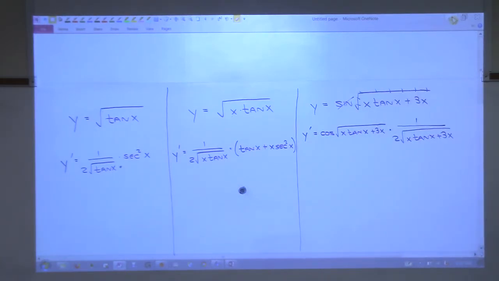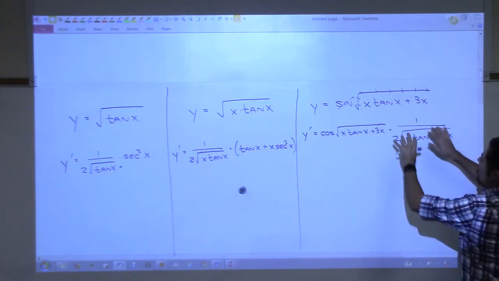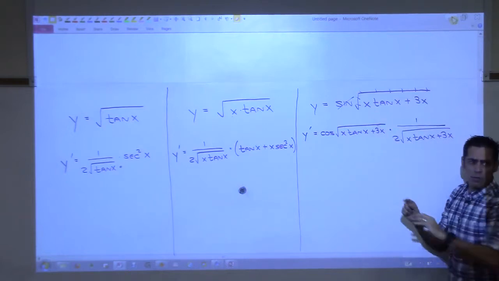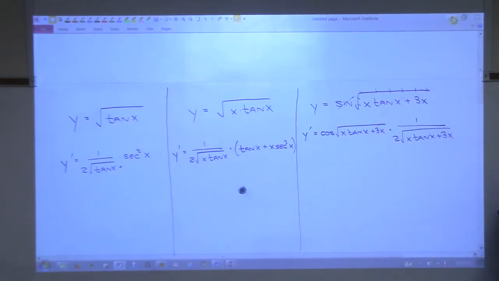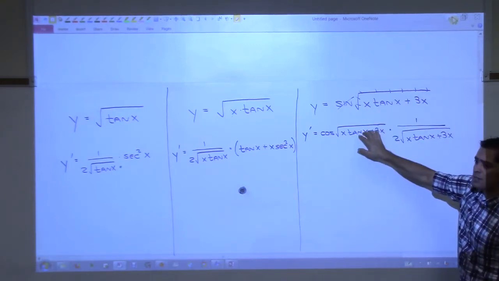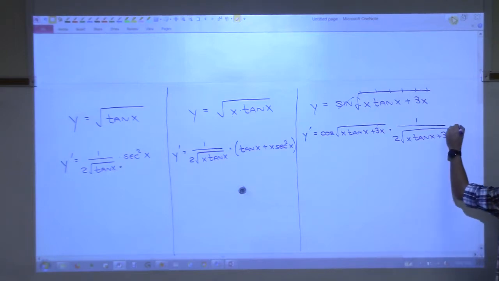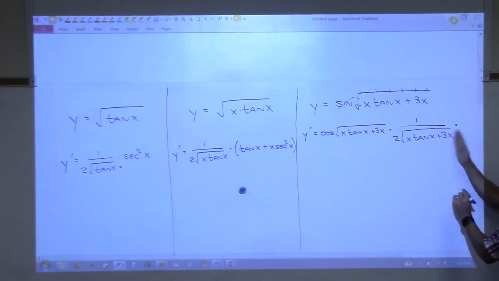So I move in, and what I notice on the inside, and this is the important thing here, I have 2 terms, don't I? Separated by addition. So the rule is that when you're taking derivative of 2 things that are to be added together, you do them individually. Okay? So I'm going to need to take derivative of this plus the derivative of that. And that's going to be multiplied here, right? So I'm out of room. I'm going to come down here.